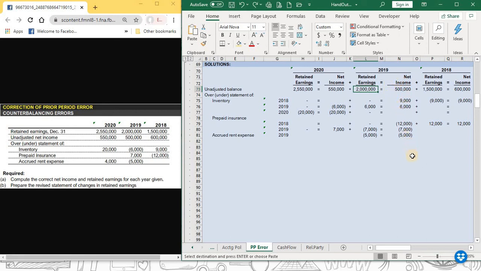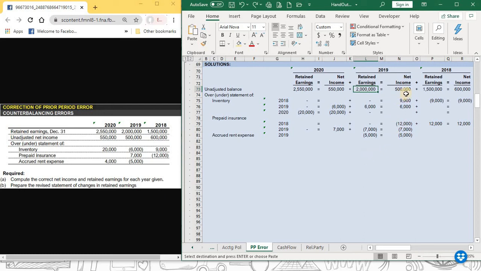And again, since this is a counterbalancing error, the net income in the succeeding years will be affected, and the misstatement will result in the counterbalancing of the errors in the retained earnings in the subsequent years, which in this case is 2020.